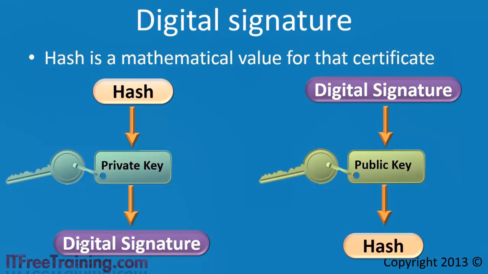If this value is not obtained, the person knows the certificate is corrupt or has been tampered with. The hash function is a one-way process, which means you cannot use the hash value to generate the original certificate. This essentially means that even though the private key is used in the process, it is not possible to use the digital signature to obtain the private key.